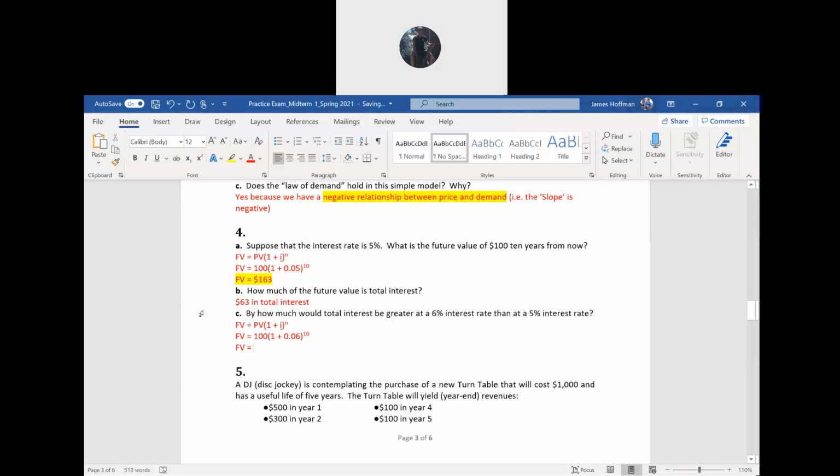So your future value is 100 times 1.06 raised to the 10. All right, we get about $179.